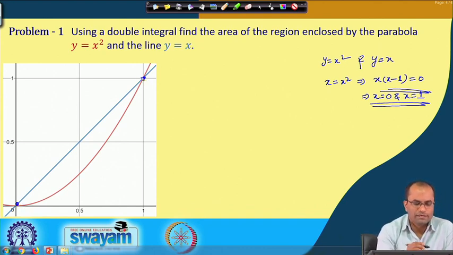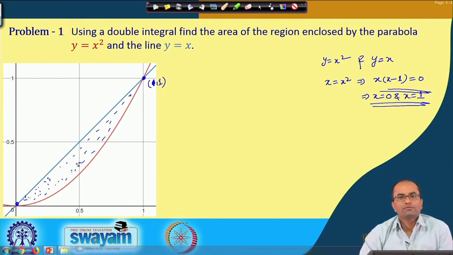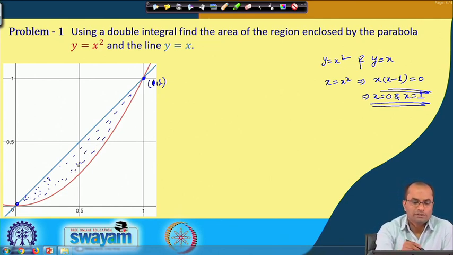The other point we have here is where x is 1 and y is 1. So, these are the 2 points, and now we will compute the area of this region enclosed by these two curves. So, we need to find the limits now.